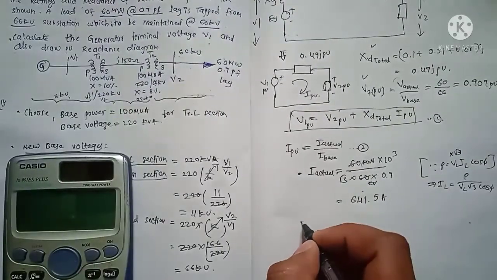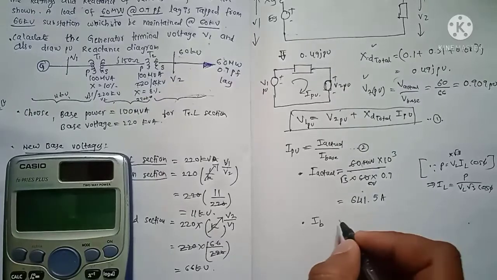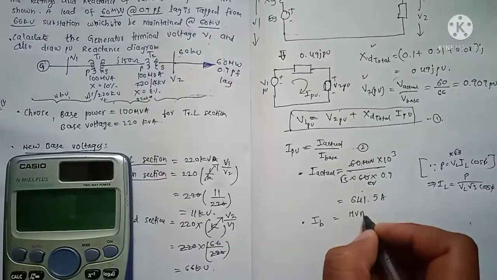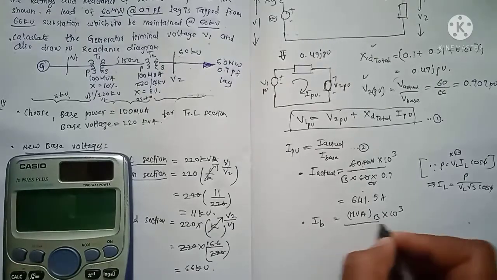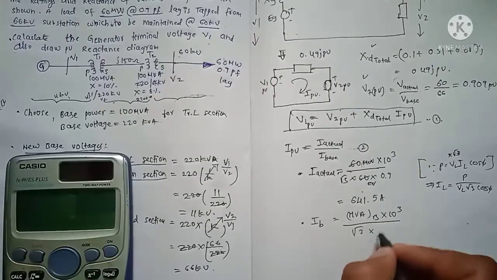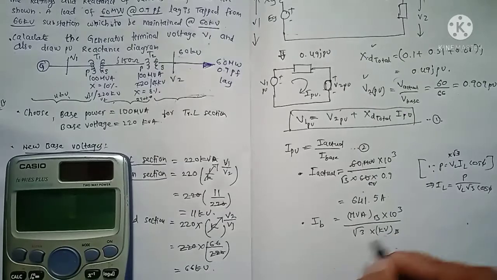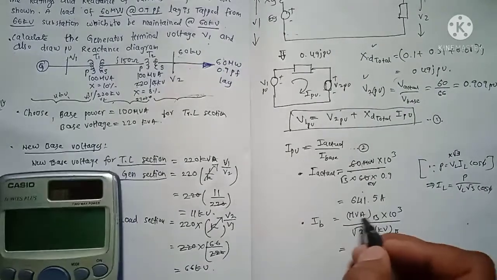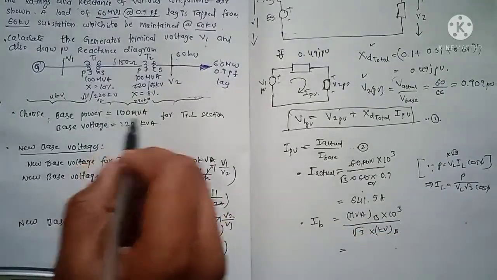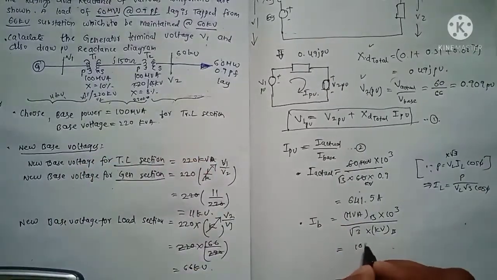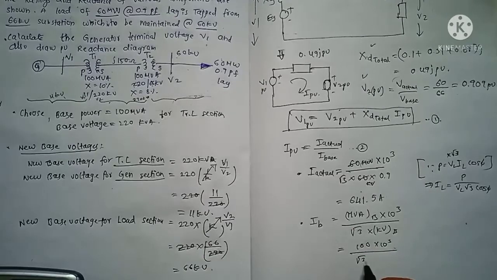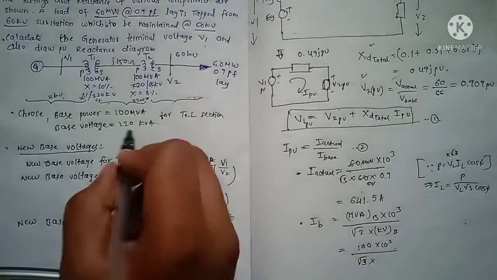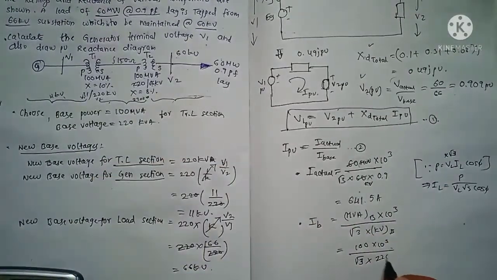Now we need I base. It's a standard formula, just note it down: I base is equal to MVA base into 10 raised to 3 divided by root 3 multiplied by kV base. This is the new base. New base power is 100 MVA. So 100 MVA into 10 raised to 3 divided by root 3 into new base kilovolt, which is 220.